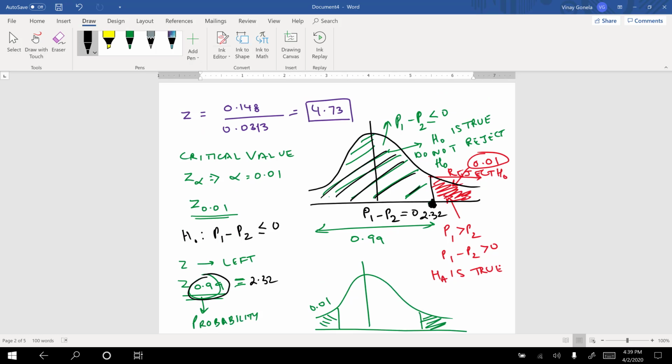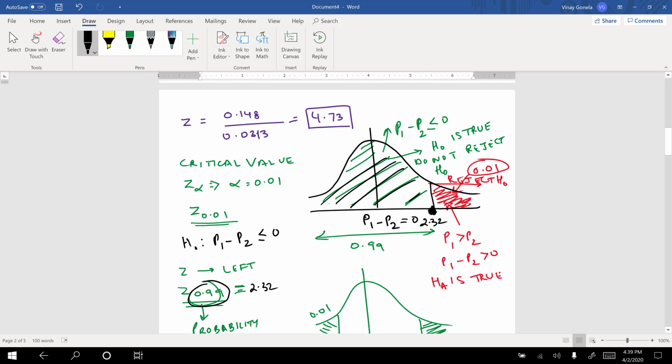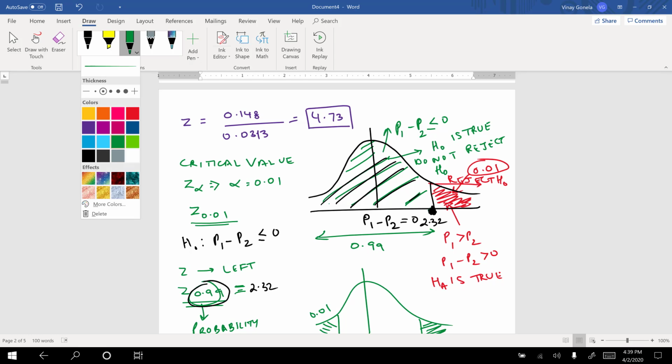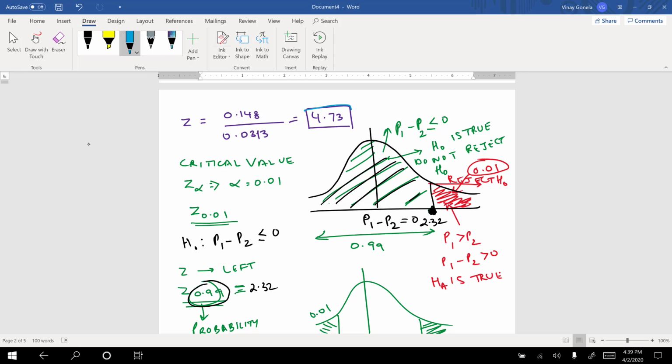Now I look for where 4.73 lies on a number line. You have 2.32, and on the number line 4.73 is on the right side of 2.32. So it falls under the reject H null region.